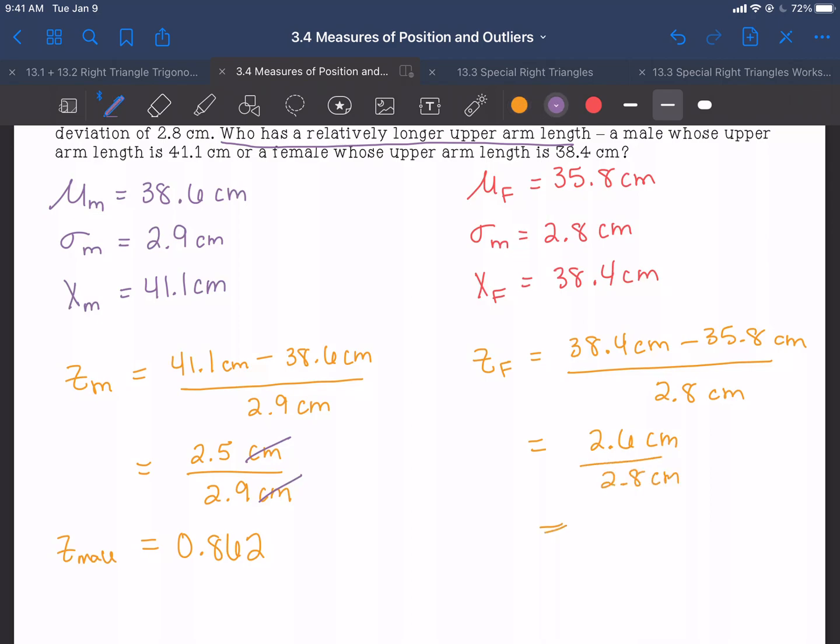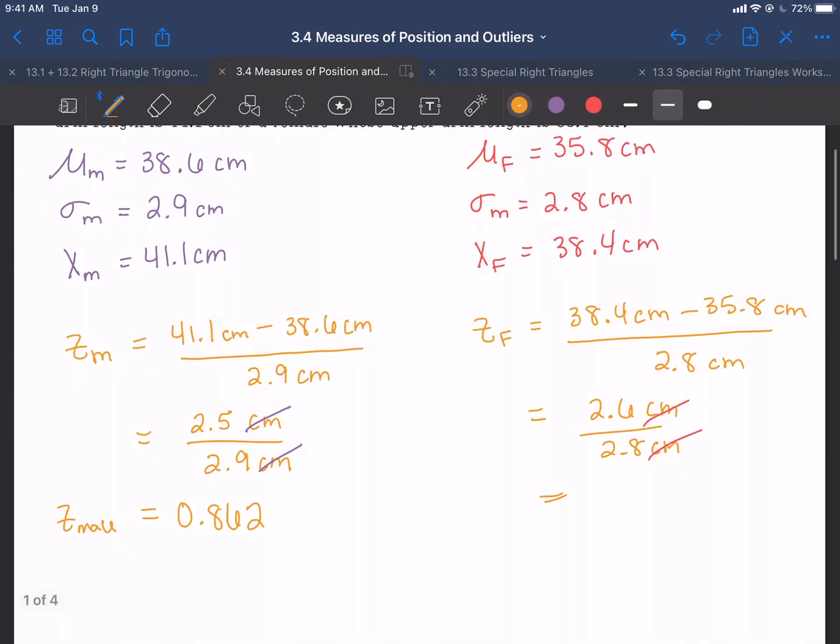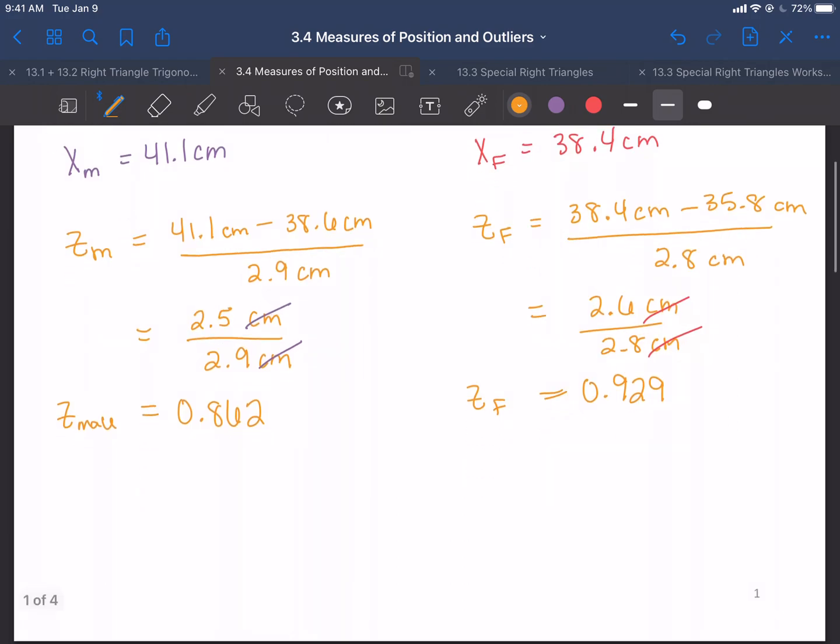Again, that shows how it is unitless. When you divide those, the z-score of the female is equal to 0.929. So that female arm length is 0.929 standard deviations away from the mean once we have standardized it to compare it to the male.